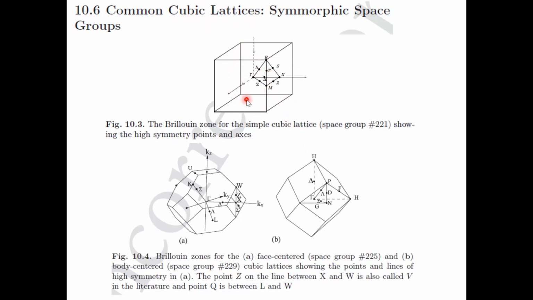One is the simple cubic, the other is the FCC, and the other is the BCC. And what I'm showing here is the reciprocal space, the Brillouin zone for all these three cases. So this is the Brillouin zone for the simple cubic lattice. This is for the FCC, and this is for the BCC, with the notations for high symmetry points and directions inside the Brillouin zone. Okay.